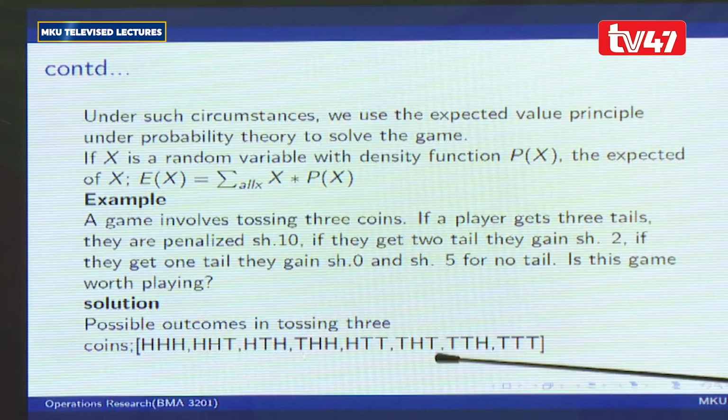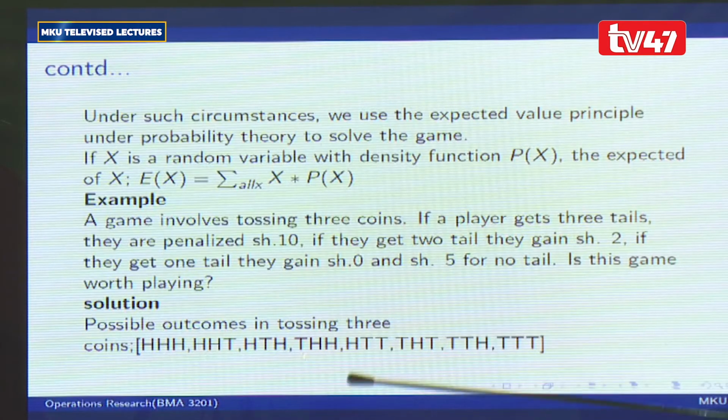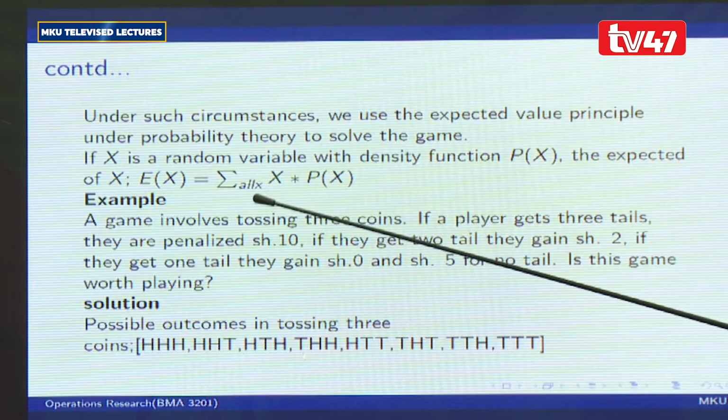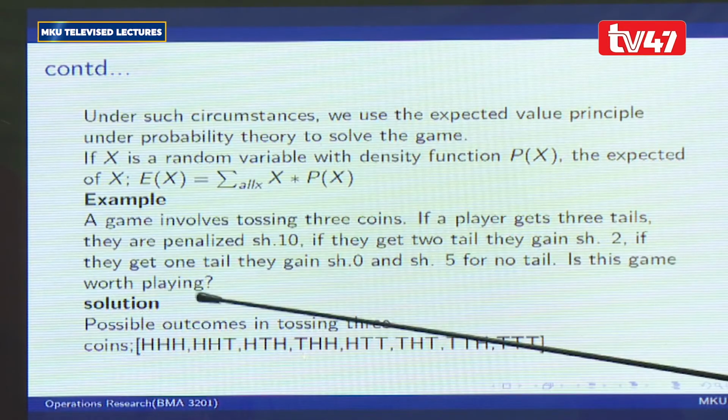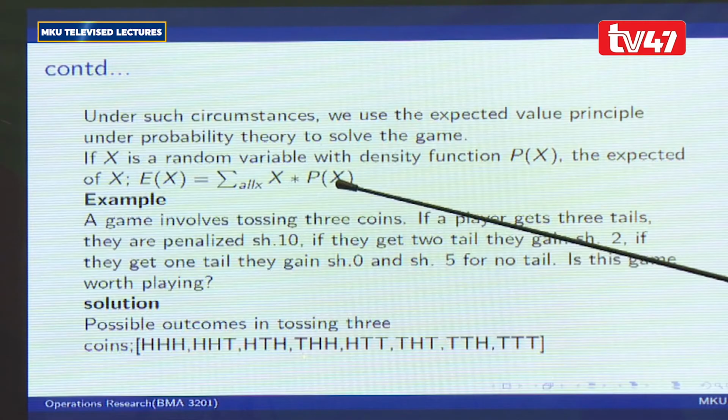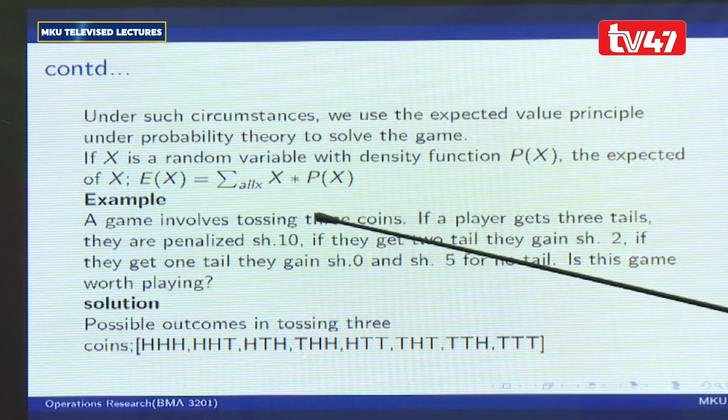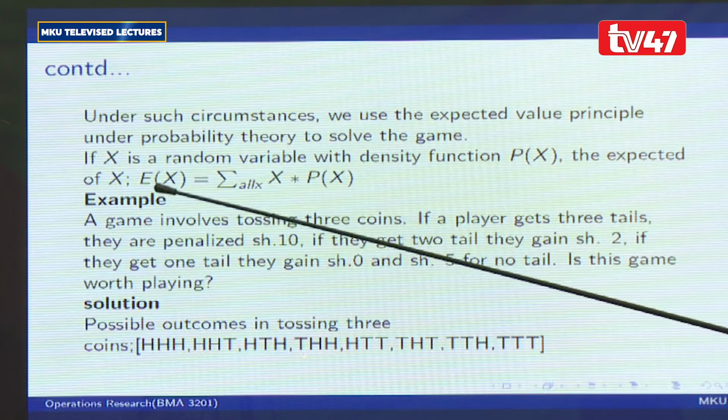For a variable to be considered in a probability theory example, it has to have some associated probabilities. So if you know the values of x and the corresponding probabilities for each value of x, summing the x's multiplied with their corresponding probabilities would give you the expected value.